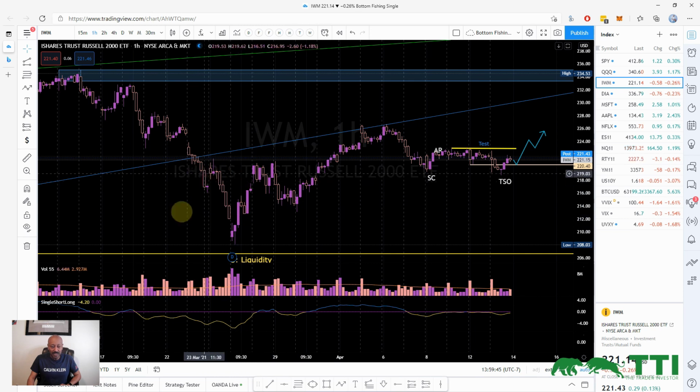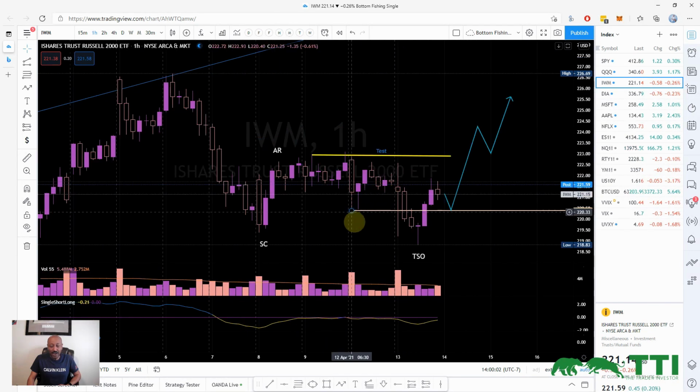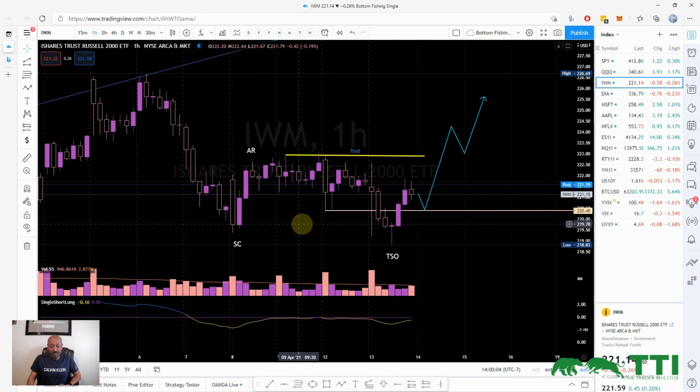Sometimes you don't see a clear indication of an accumulation, but we went from down to up. So right now, for us to continue this bullish momentum, this has to be an accumulation. If it's a distribution, different story. But let's identify why I think this is an accumulation.